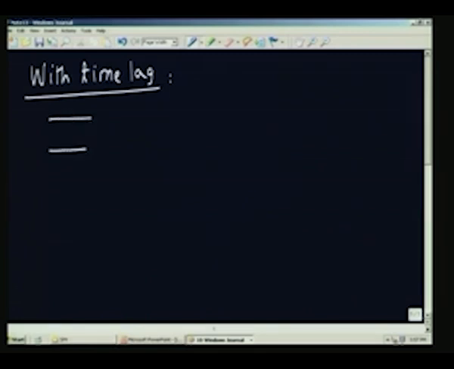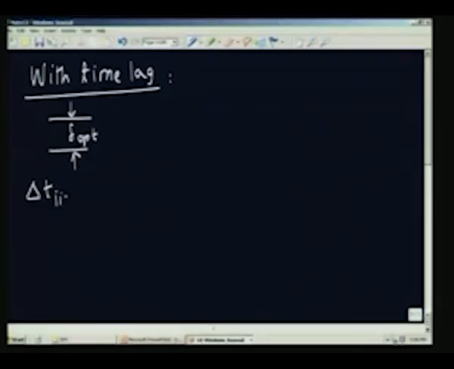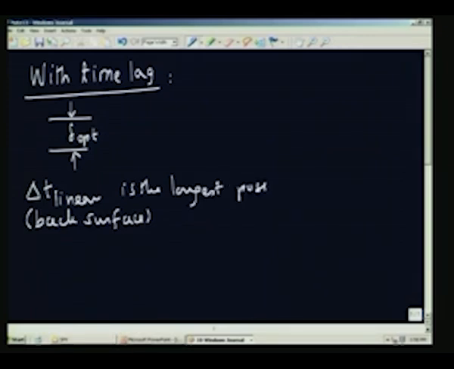So, with time lag, it can be shown that there is a certain thickness which we call the optimum thickness for the slug, such that the portion wherein the temperature is more or less going linearly, we will call it delta T linear, for the back surface, is the largest possible, given the highest temperature the slug can be exposed to.